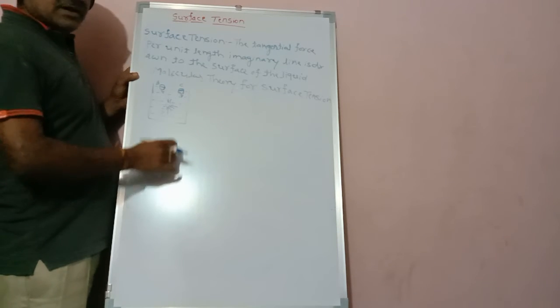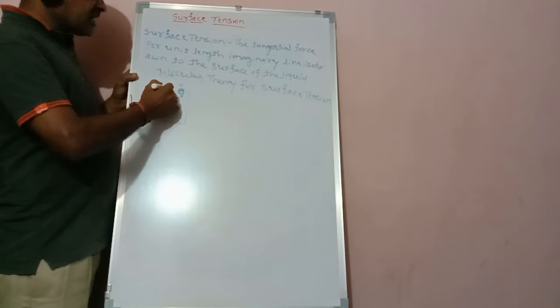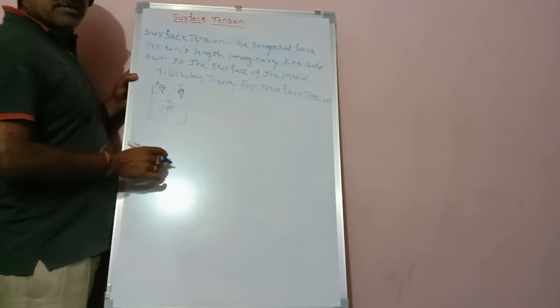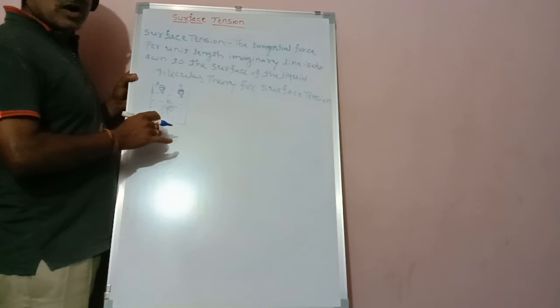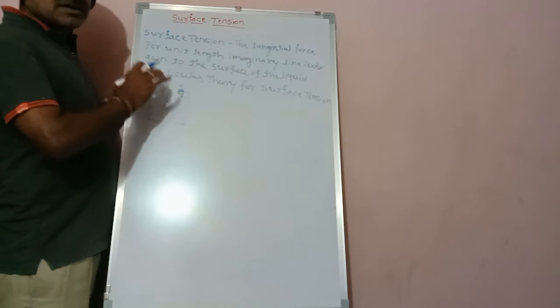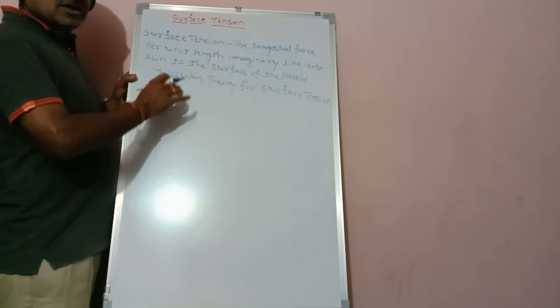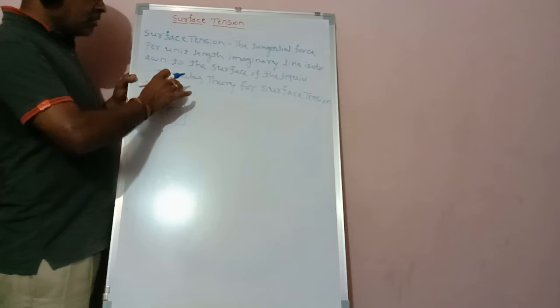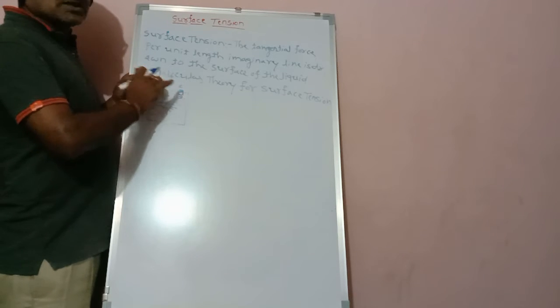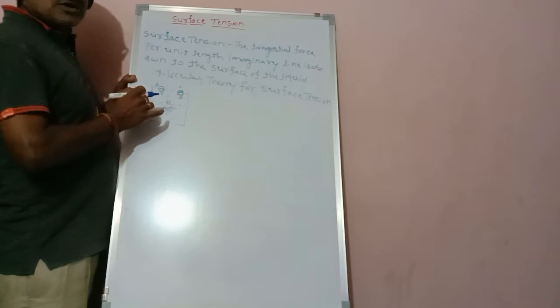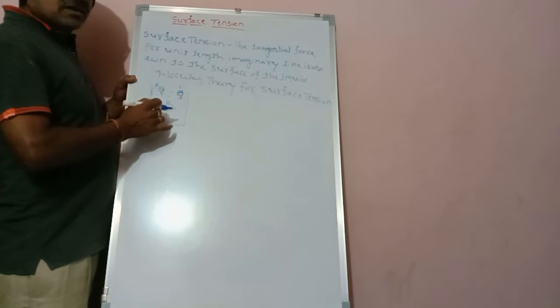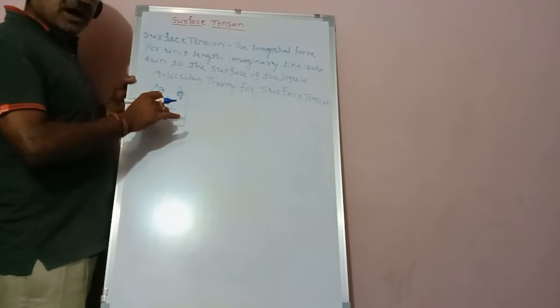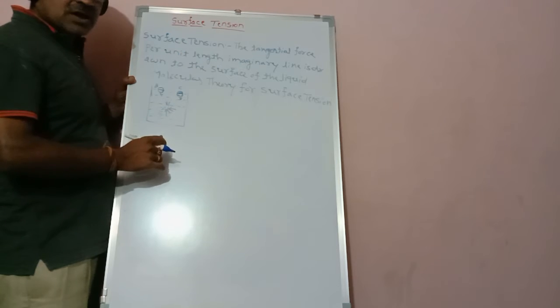To maintain a stable condition for this system, the potential energy on the upper surface of the liquid is minimized. So the number of molecules is minimized, then the potential energy is also minimized.